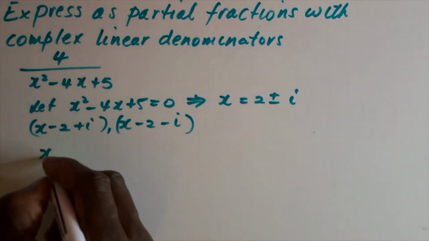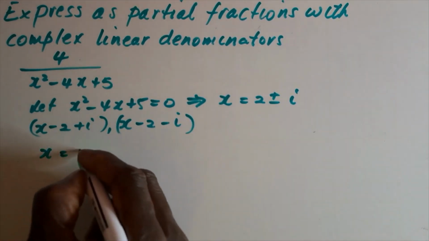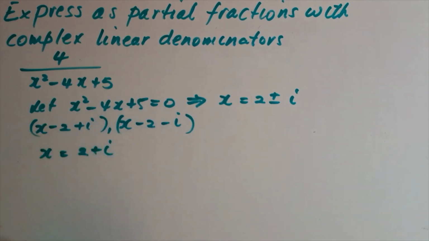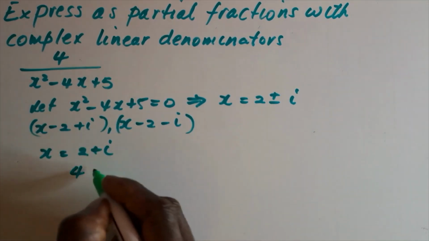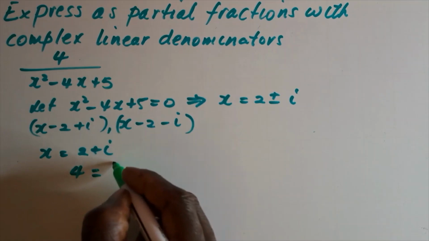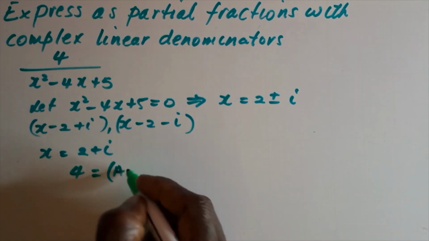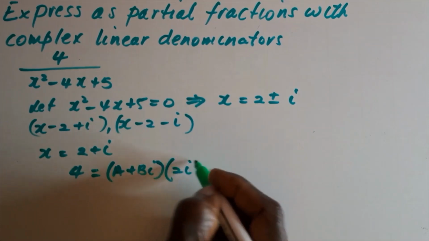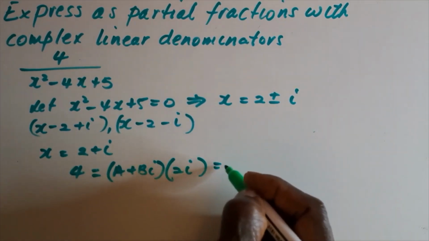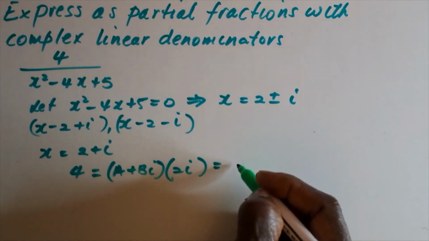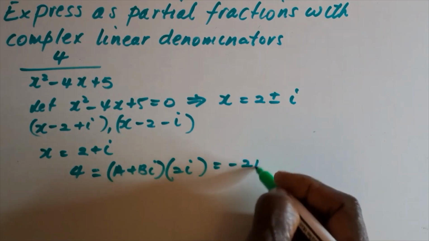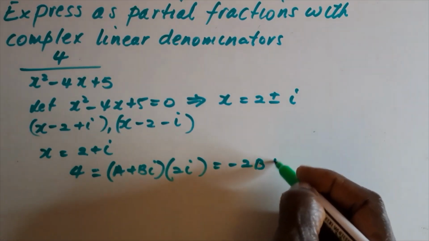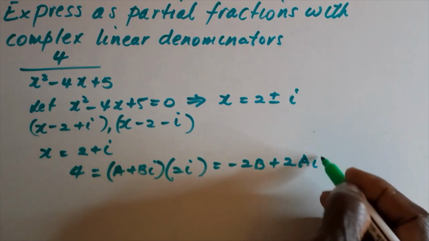Now when x is equal to 2 add i, we have 4 is equal to a add bi, and that's times 2i, which gives us minus 2b add 2ai.